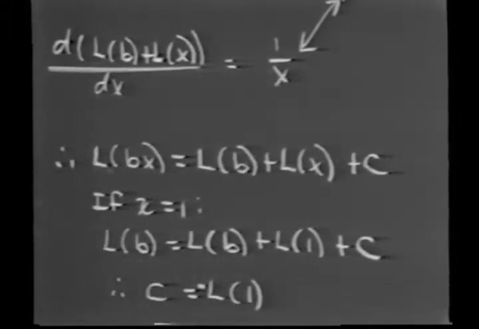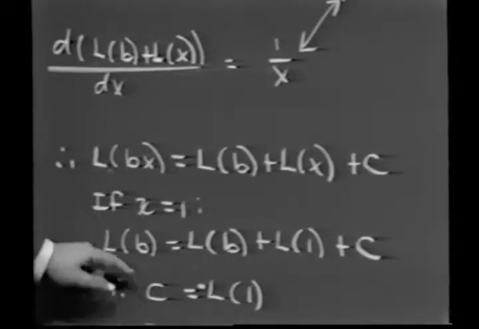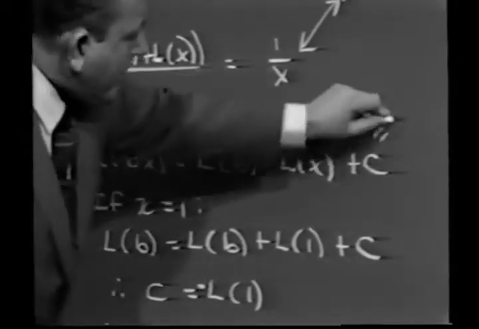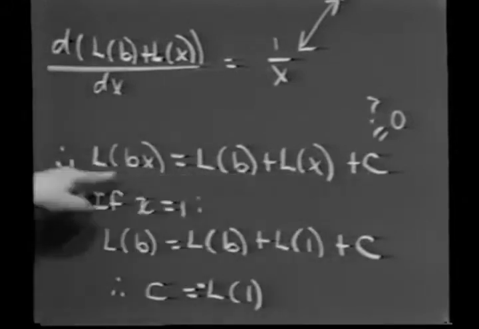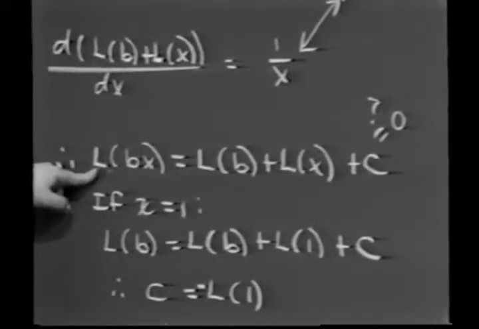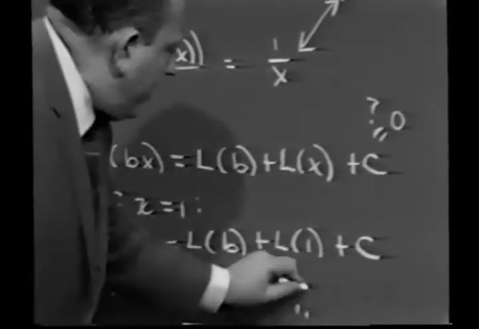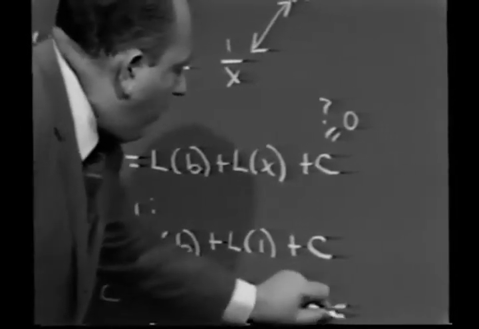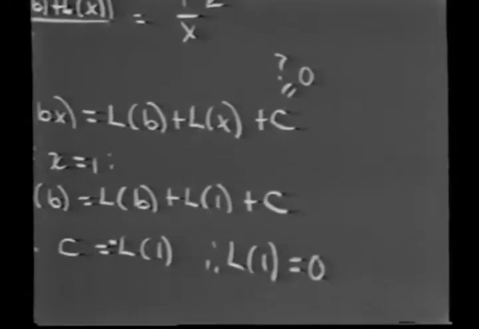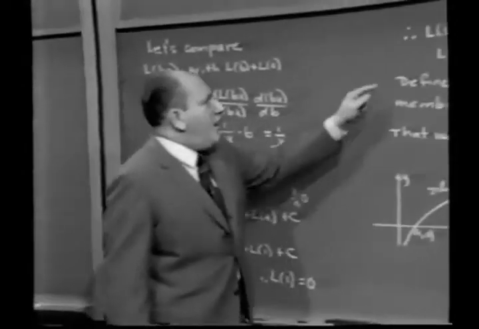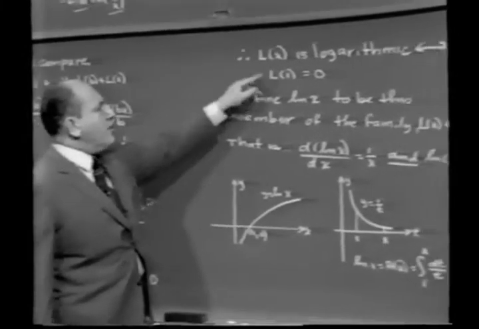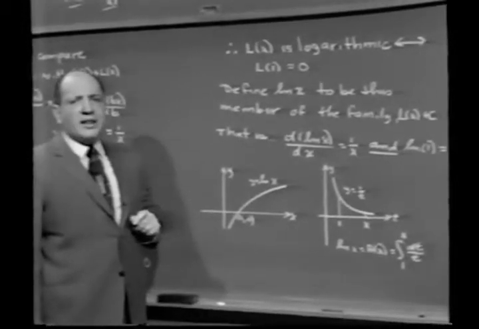Now, what do we want c to be? If c were equal to 0, this would be logarithmic, and all we need to make c equal to 0 is to set L of 1 equal to 0. Summarizing, capital L of x is logarithmic if capital L of 1 is 0.